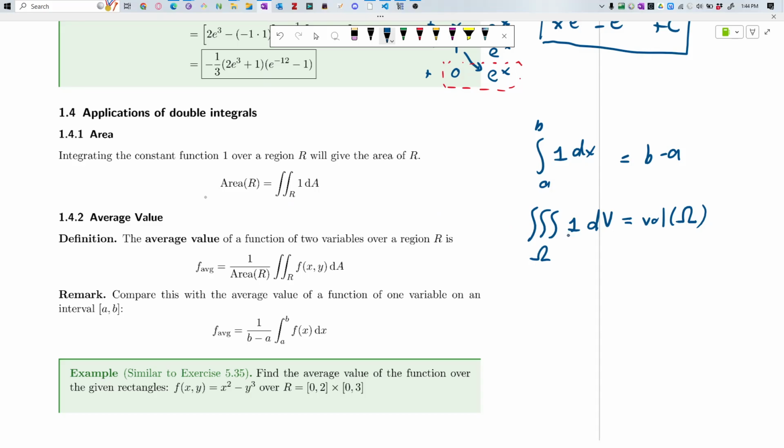And in dimension 3, if you integrate the function 1, you're measuring the volume of the region you're integrating over. Yeah, so it's whatever notion of area or volume makes sense for the dimension that you're working in. And in some sense, this is intuitively true, I think.